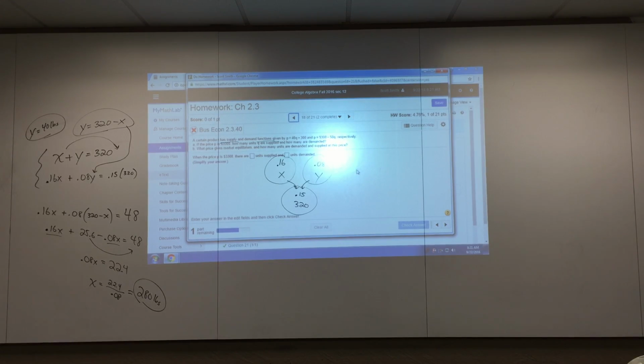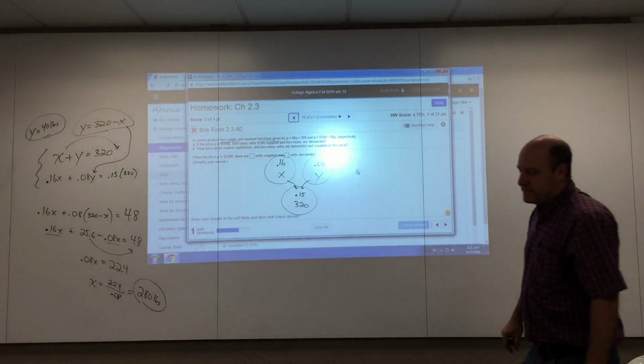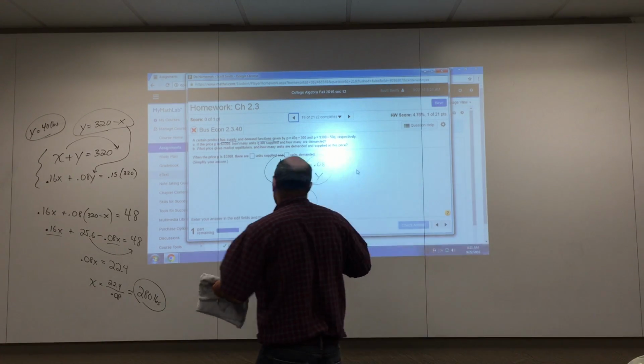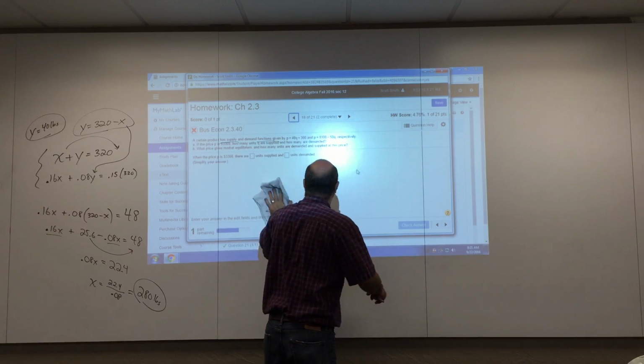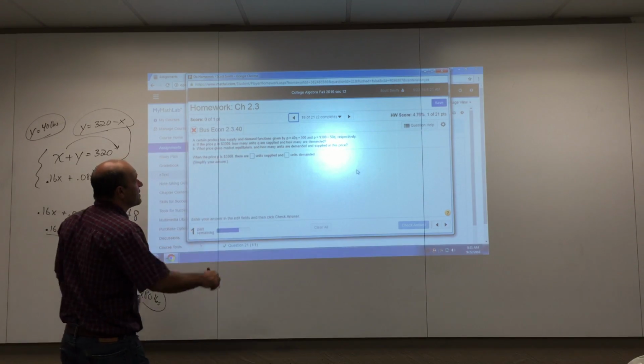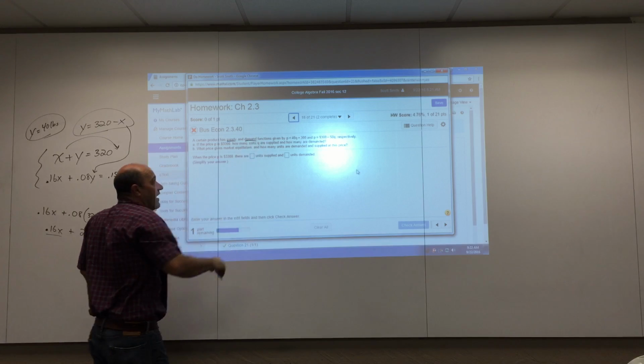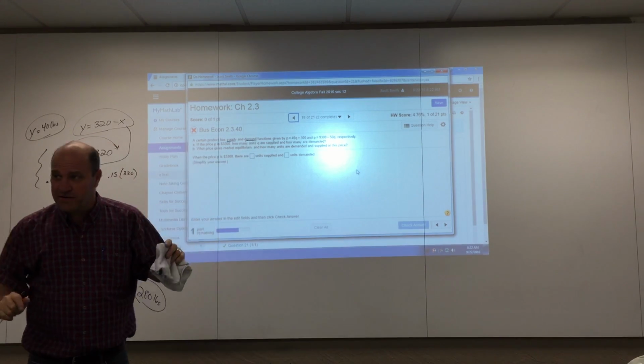Let's try this. This is good stuff here. The math turns out to be not too hard, but when I start talking about these supply and demand equations, the economic theory gets a little hard to talk about.